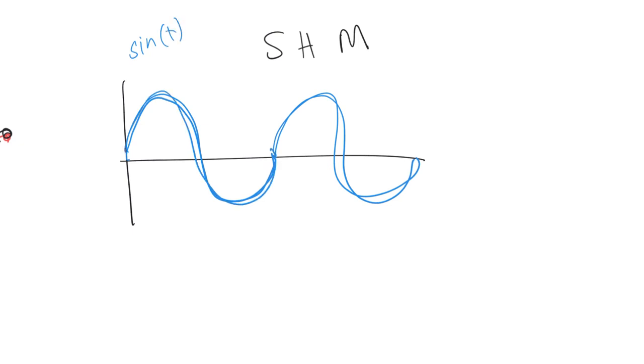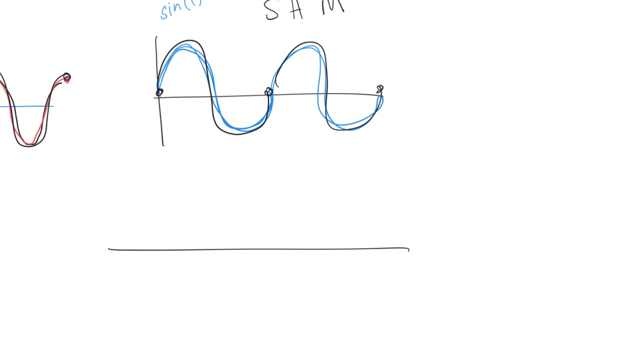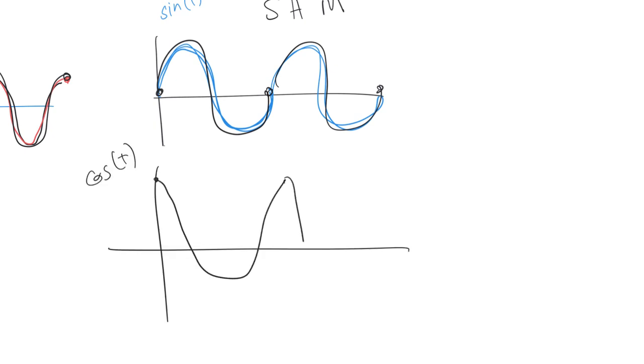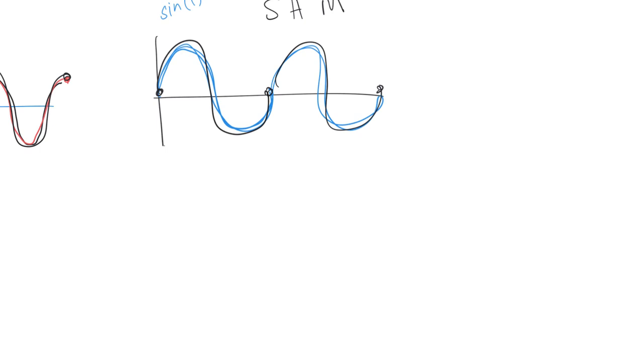So if the particle starts from here and moves like that and like that, or for example moves in a cosine function, that means it starts from here and then repeats itself. Sorry, the drawing is not perfect.